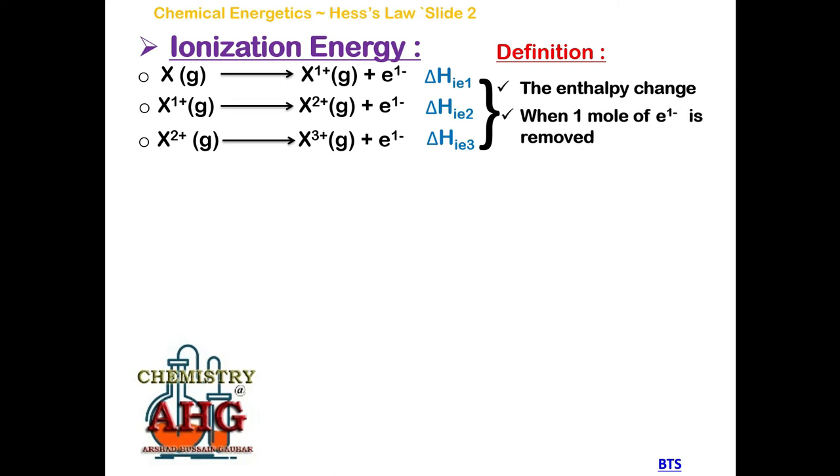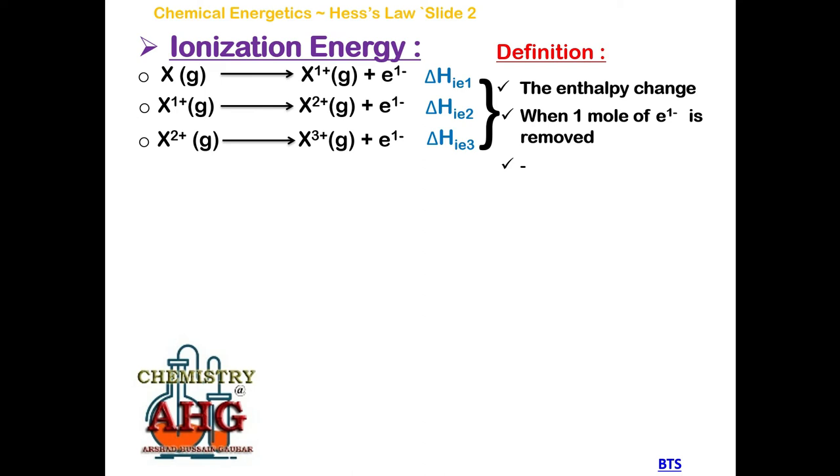Now these two steps are common. You will have to write them in all three definitions, whether it is first, second or third. The first step is the enthalpy change, the second step is when one mole of electron is removed, and the third step is variable. You will have to modify the third step only, depending on the type of ionization energy.